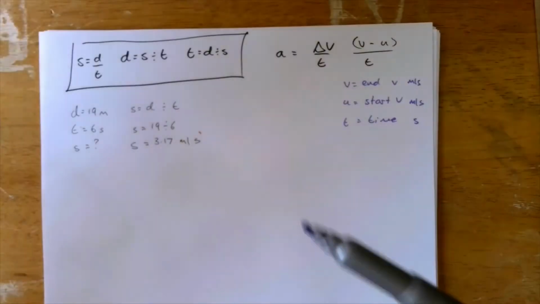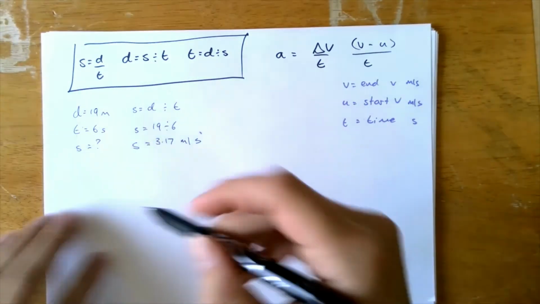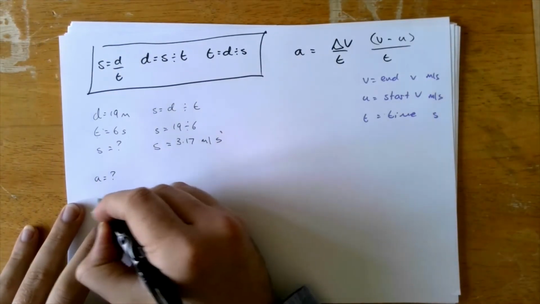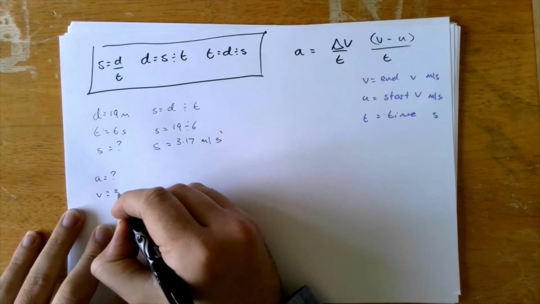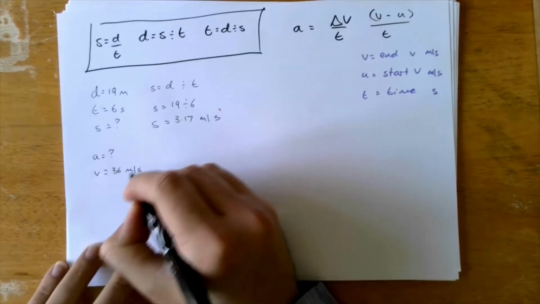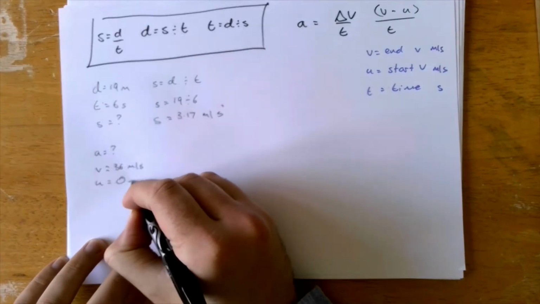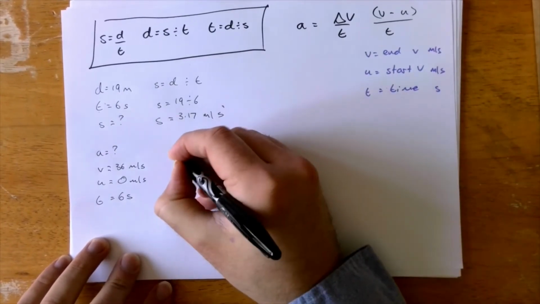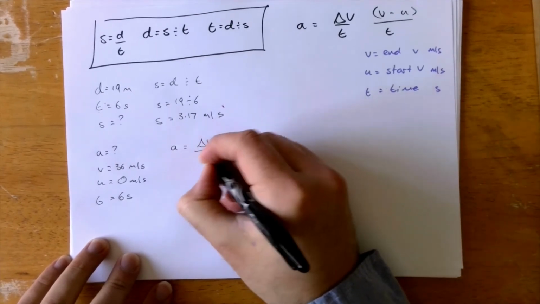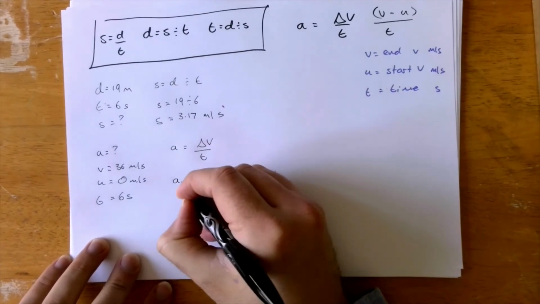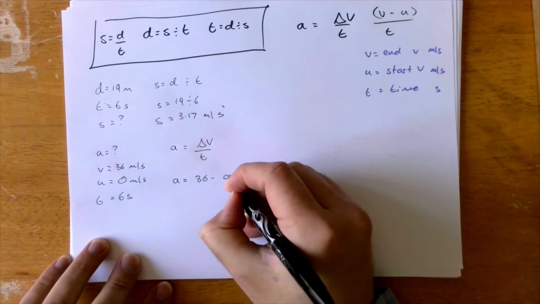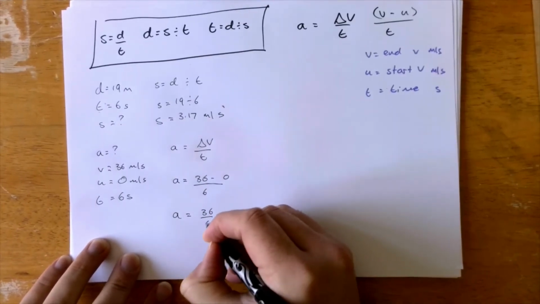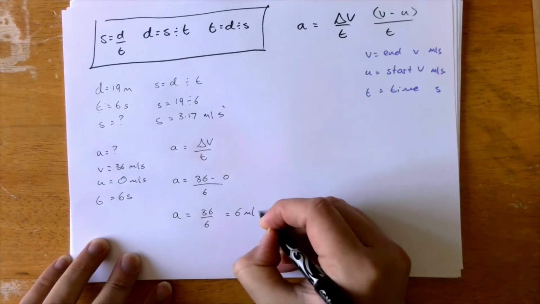So now I can collect my terms. They're asking me to find the acceleration, so I don't know it. The end velocity was 36 meters per second. The start velocity, 0 meters per second. And the time taken, 6 seconds. Acceleration is the change in velocity divided by time taken. Acceleration will be 36 minus 0 over 6. Acceleration, 36 divided by 6, 6 meters per second squared.